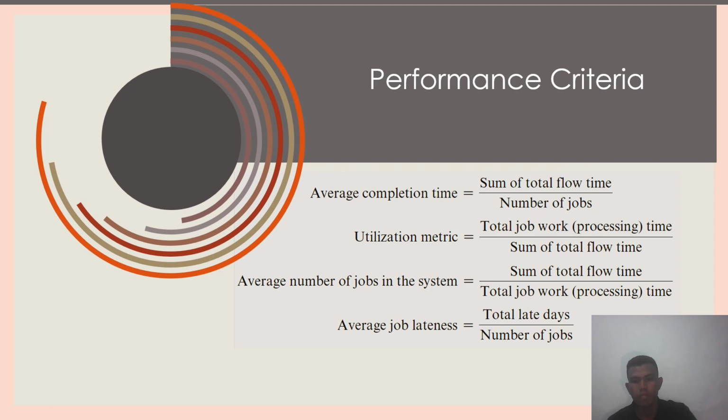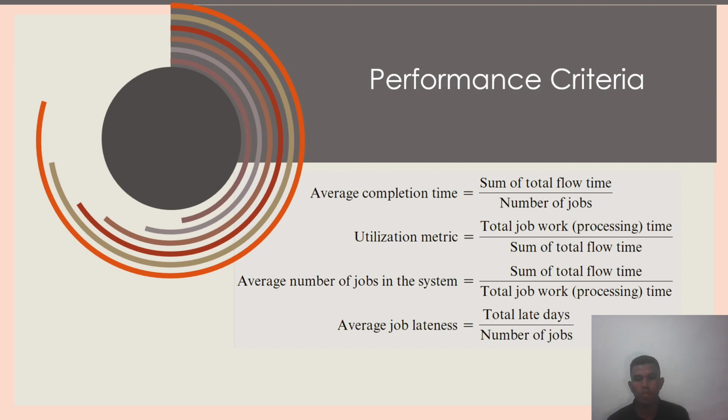The performance criteria are measured as follows. 1. Average completion time is the sum of total flow time per number of jobs. 2. The utilization metric is total job work processing time per sum of total flow time. 3.